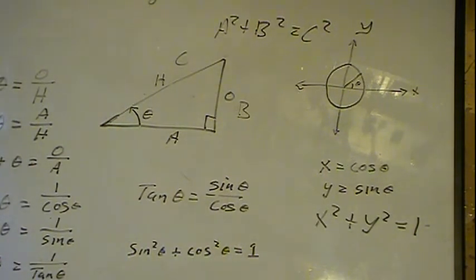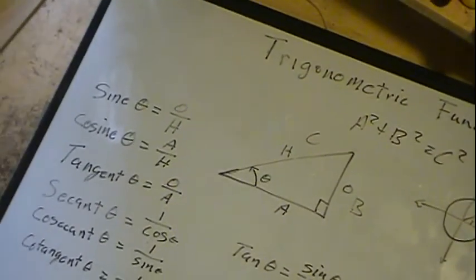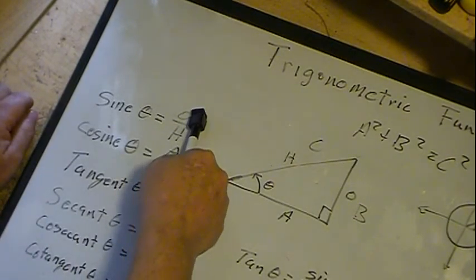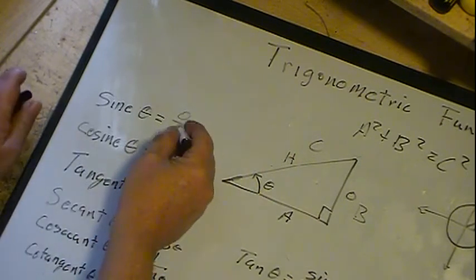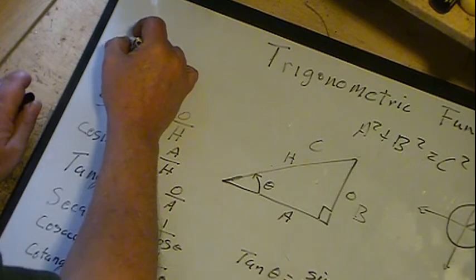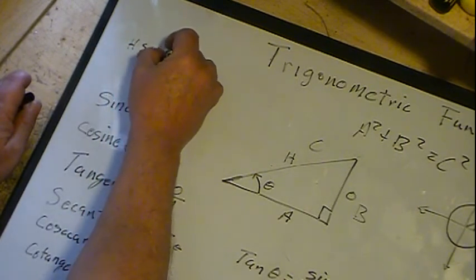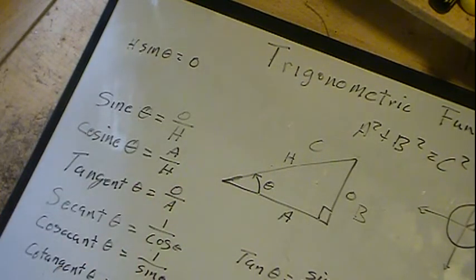And basically a lot of the stuff that you do, you make use of the ratios, but you can find the opposite side by just rearranging the formula: h sine theta equals the opposite side.